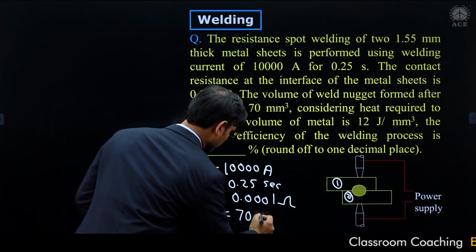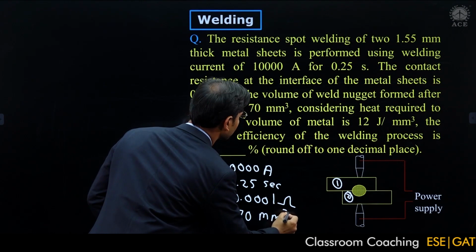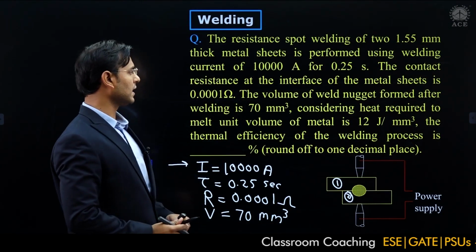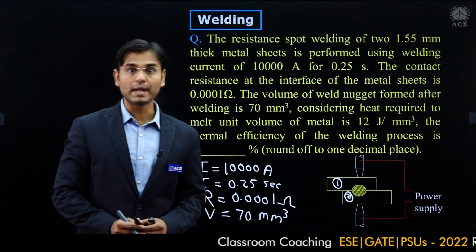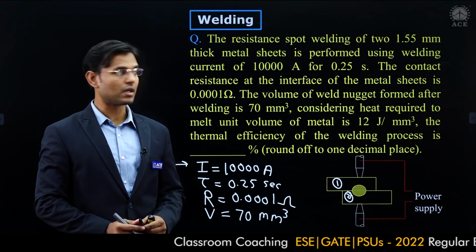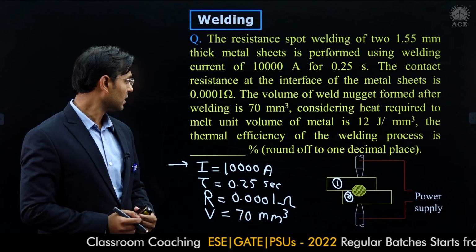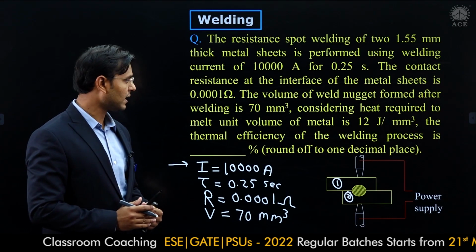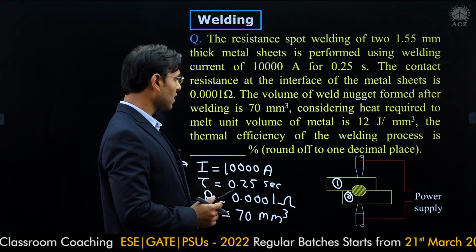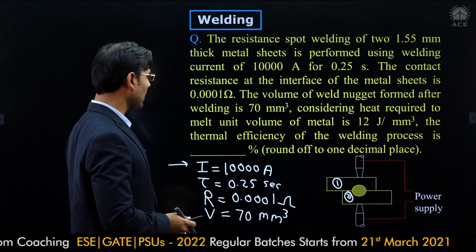considering heat required to melt. This is very important. Considering heat required to melt unit volume of metal is 12 joule per millimeter cube. What is given?